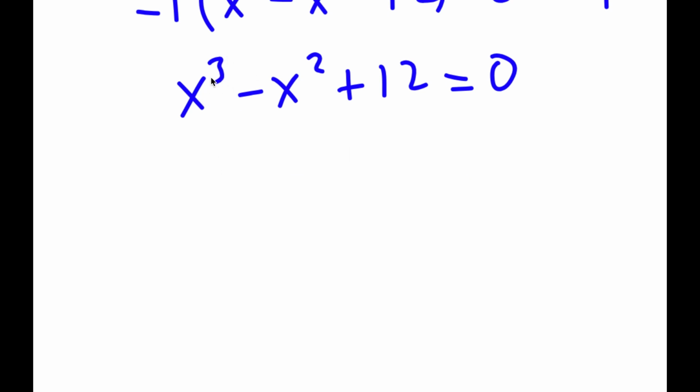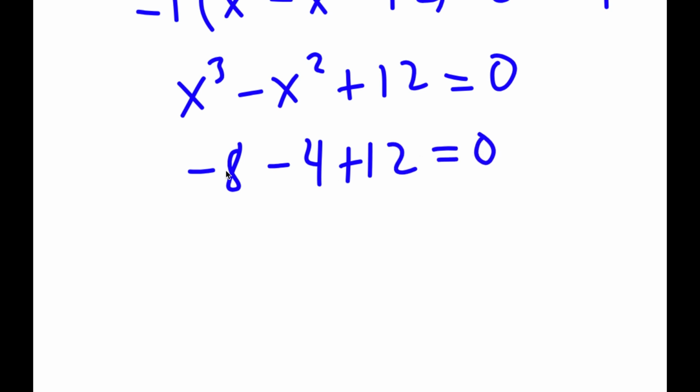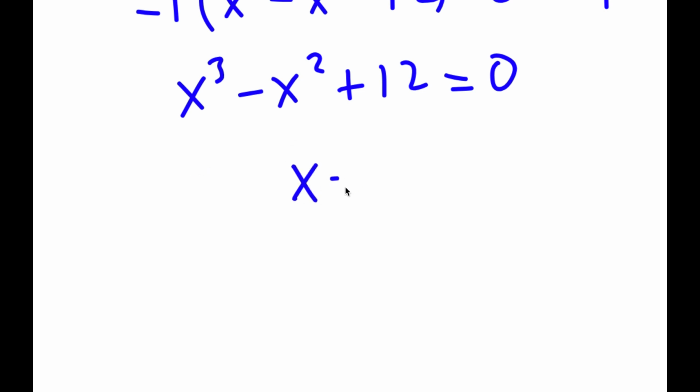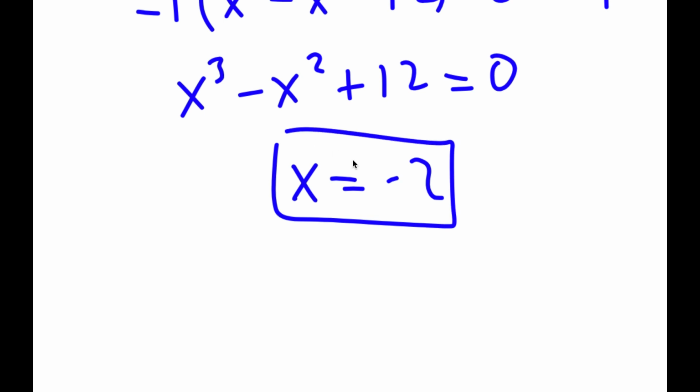If I plug in negative 2, I get negative 2 to the power of 3, which is negative 8, minus negative 2 squared, which is 4, plus 12 is equal to 0. Negative 8 minus 4 is negative 12, plus 12 is 0. So 0 equals 0, meaning my solution for x is negative 2.